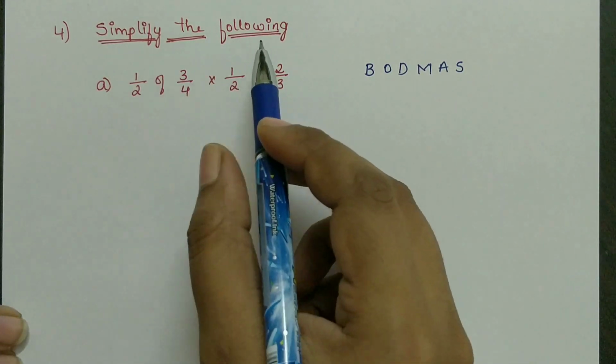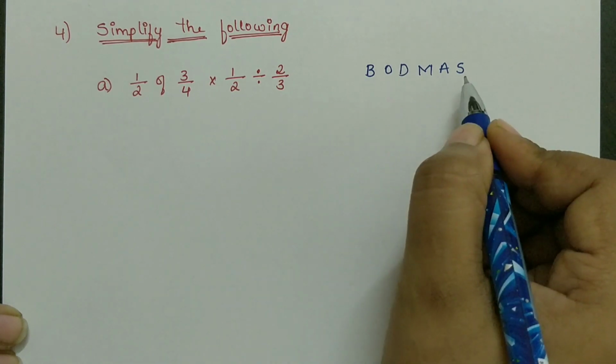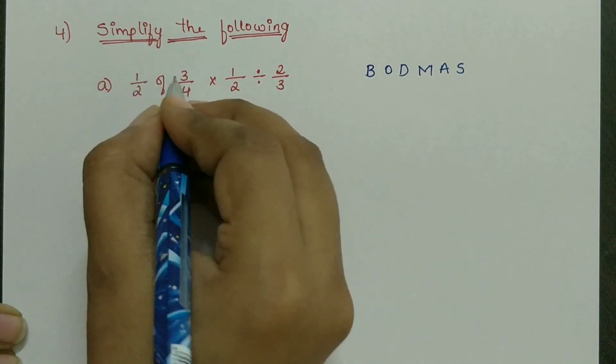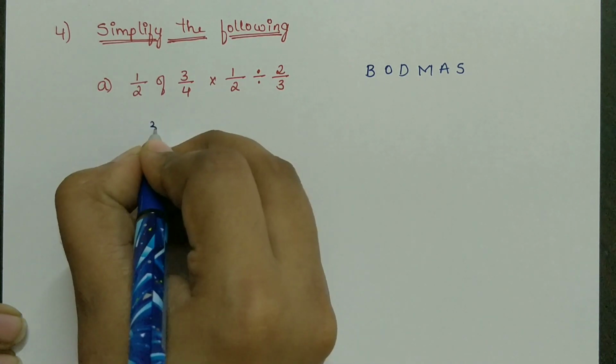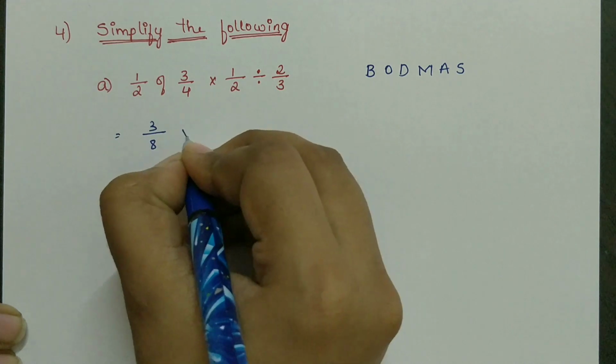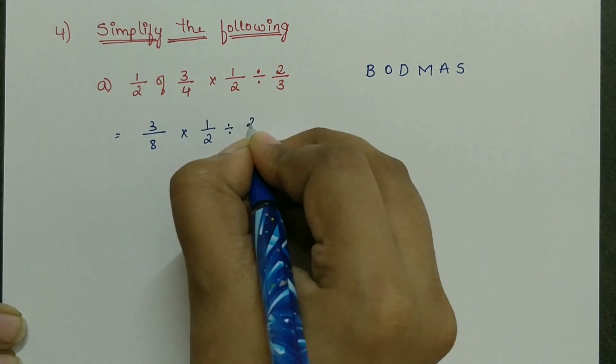Simplify the following. We simplify this using BODMAS. First remove of: 1 into 3 by 4, 3 by 8 into 1 by 2 divided by 2 by 3.